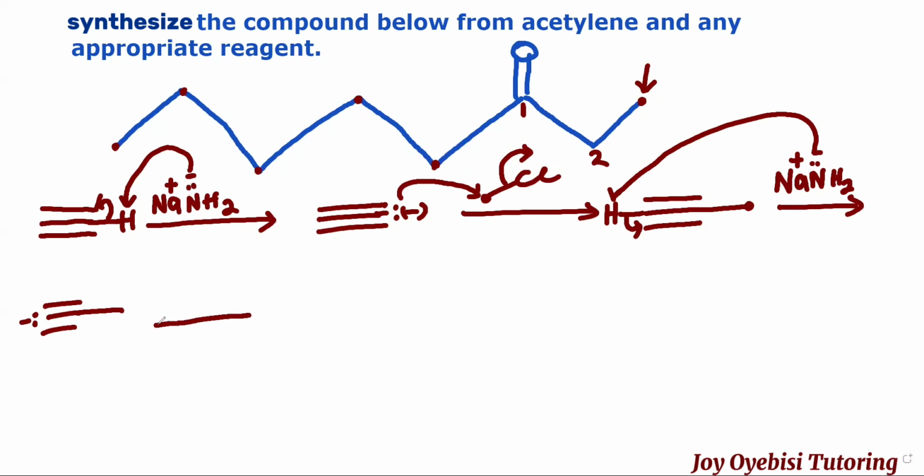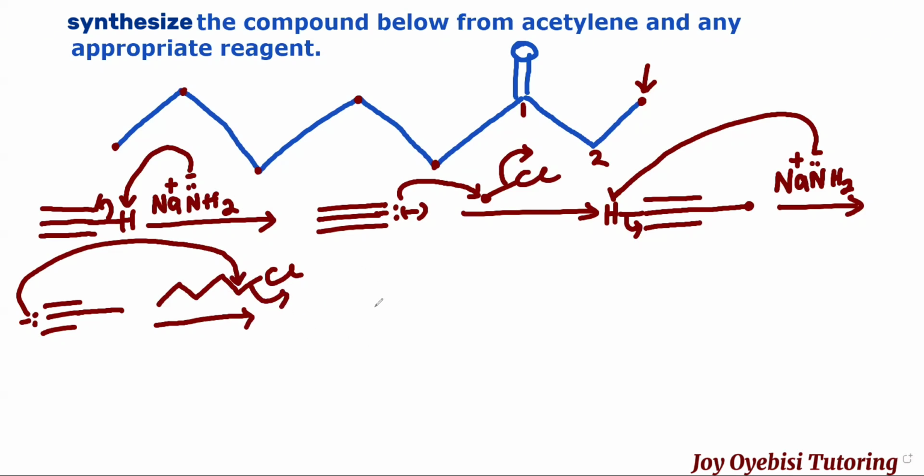To add a 5 carbon chain, I'm just going to draw my 5, 1, 2, 3, 4, 5, and then add chlorine. You can use bromine as well. Now, this is going to attack that carbon, and this chlorine will be kicked out.